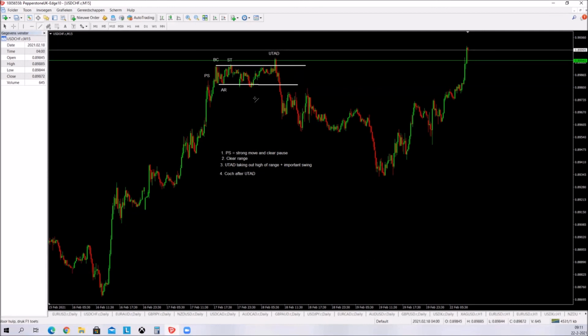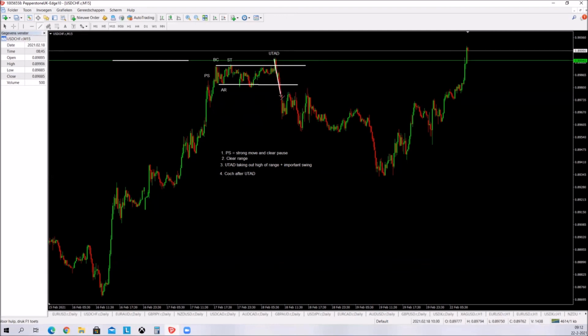If this would have been a reaccumulation range, the location would have been different. I wouldn't be looking at reaccumulation happening after such an important high being taken out, and after this preliminary supply, a reaccumulation range would have been very different, and especially the change of character after the UTAD gave it away.